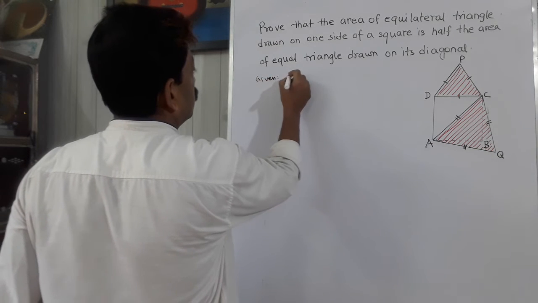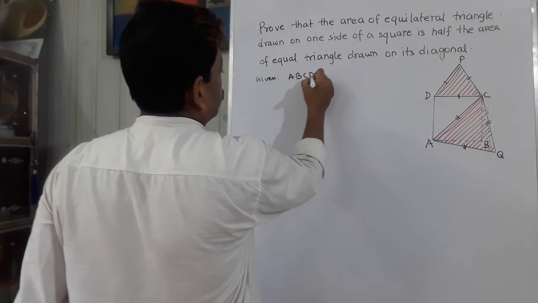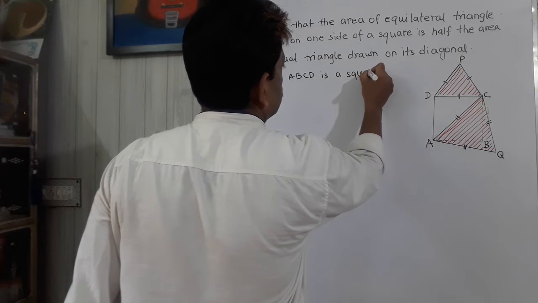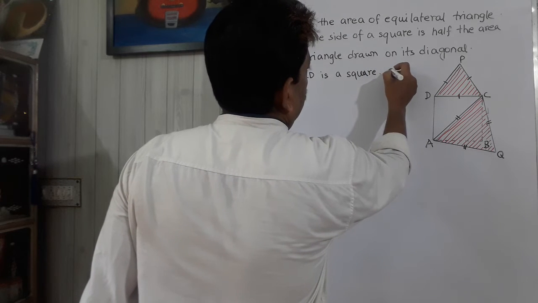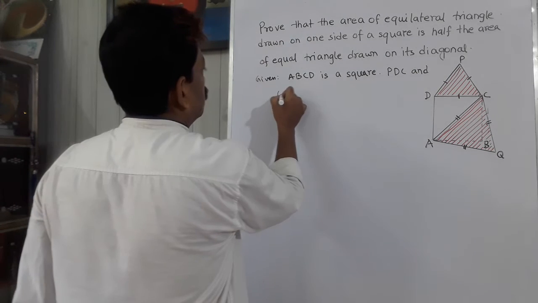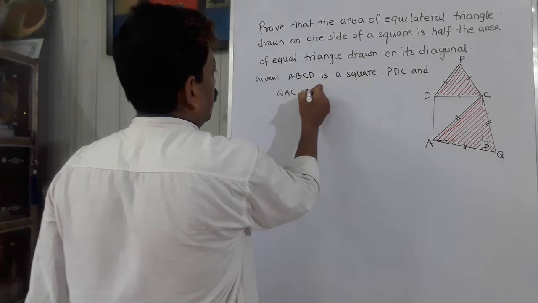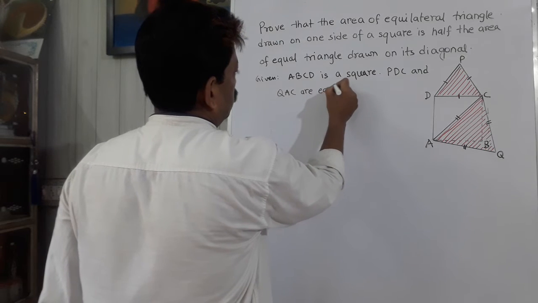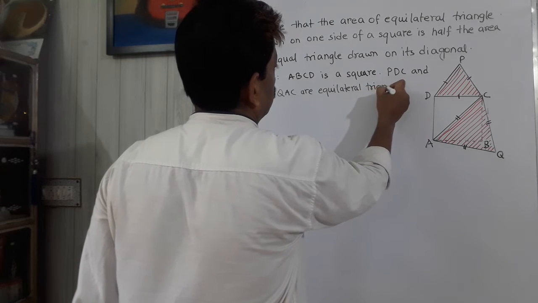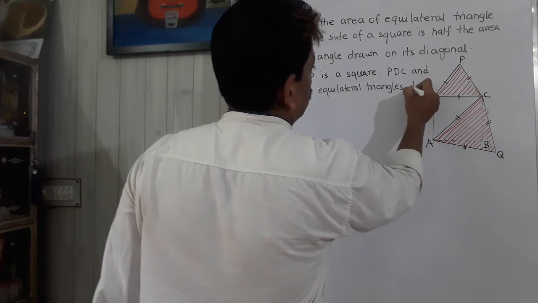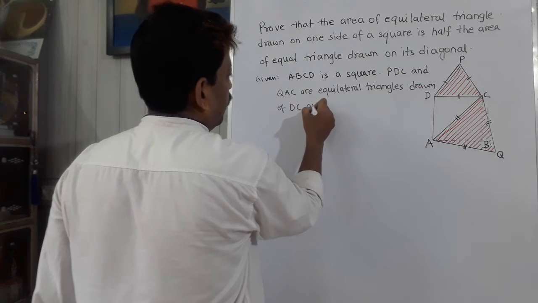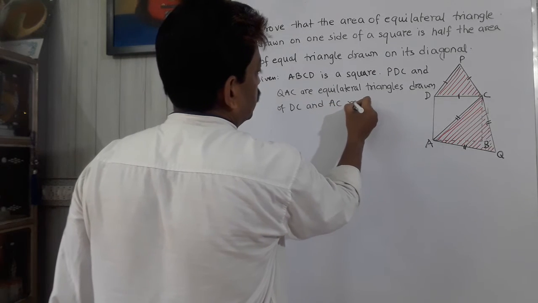Given: ABCD is a square, PDC and QAC are equilateral triangles drawn on DC and AC respectively.